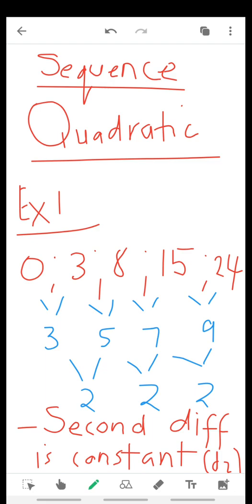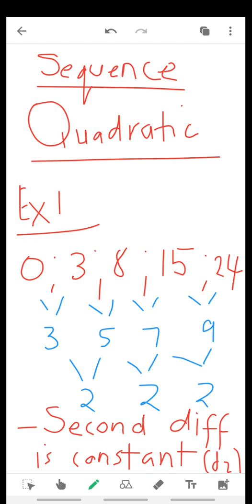So a quadratic sequence has two differences. First difference and the second difference, but only the second difference is constant. And what else do we notice? The first difference forms a linear sequence on its own. Now, if the second difference is constant, then what is the symbol?